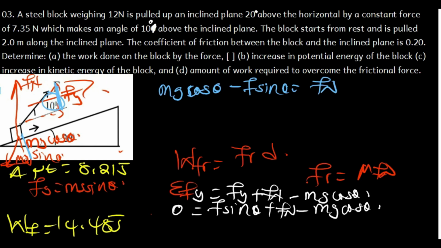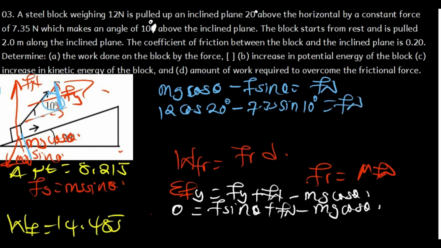Okay, now let's plug in the values. mg is basically 12, cos of theta, which is 20 in that case, minus F, which is 7.35, times sin theta, which is 10.